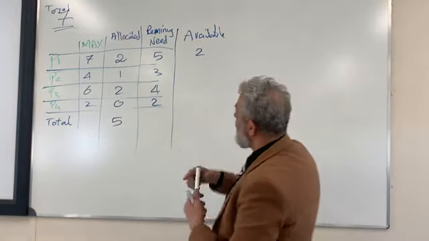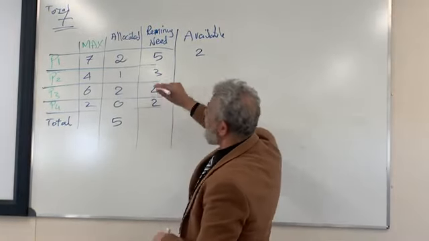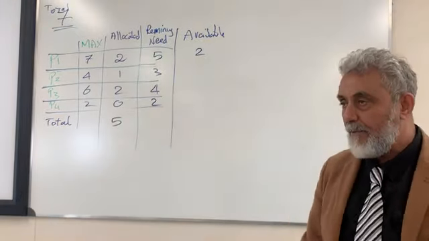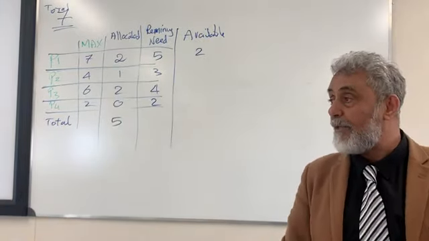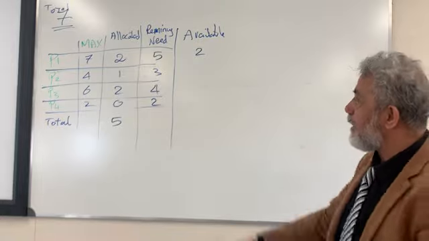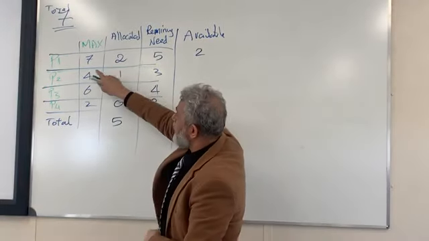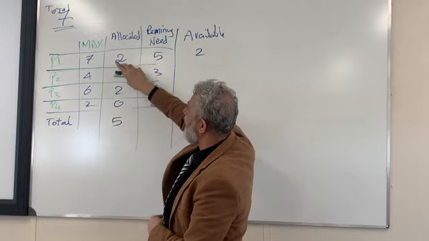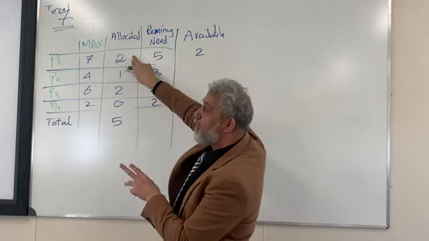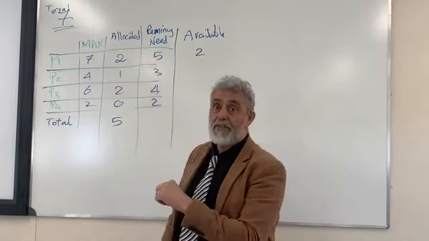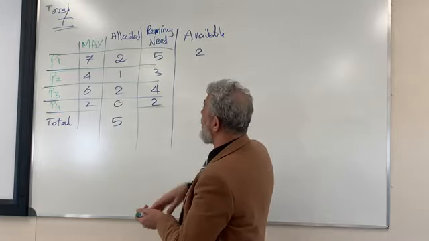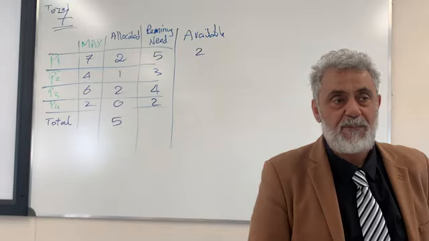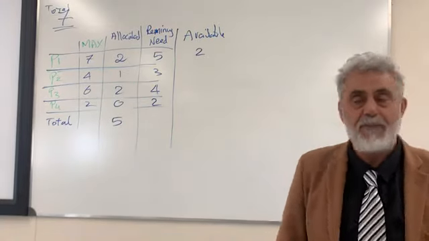So you need to go through those processes in order to find the safe sequence. Right, process number 1. Can we satisfy all the needs? Imagine, the way you look at it in a bank, that these are customers, with loans of 7,000, 4,000, 6,000. This one, out of the 7,000, we gave 2,000, they still need 5,000. Imagine tomorrow they all arrive and say, give us the rest of the loan that we asked for, that we were approved for.